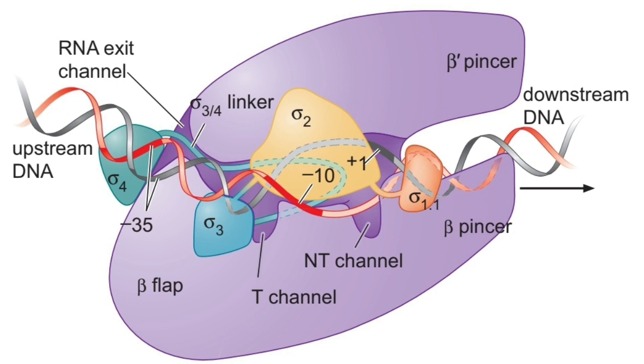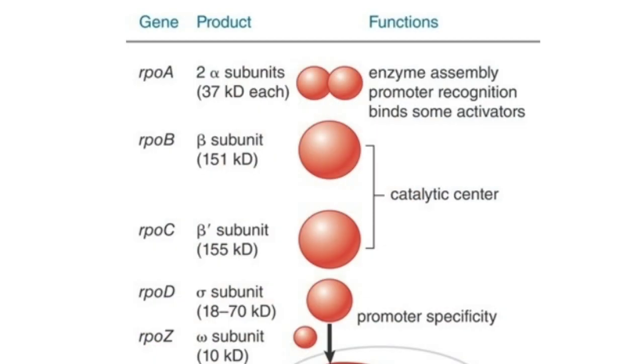As you have seen, the different subunits of the RNA polymerase are coded by different genes, particularly the genes rpoB and rpoC, which code the beta subunit and beta prime subunit.